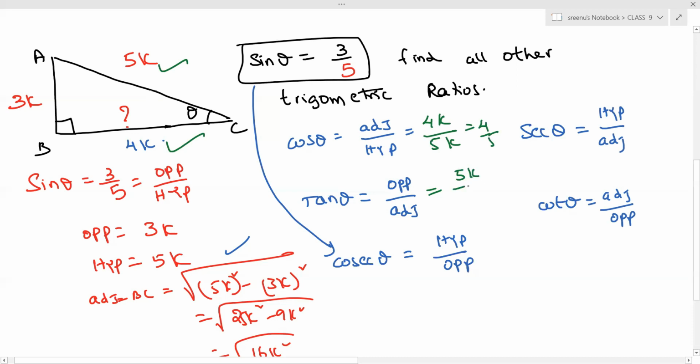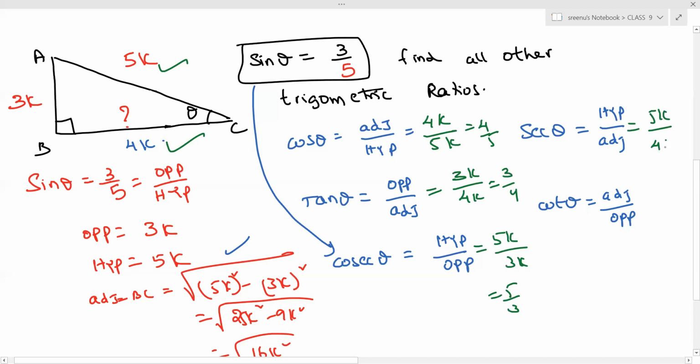Tan theta is opposite 3k by adjacent 4k, which is 3 by 4.